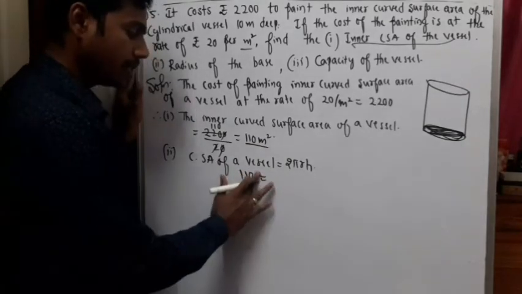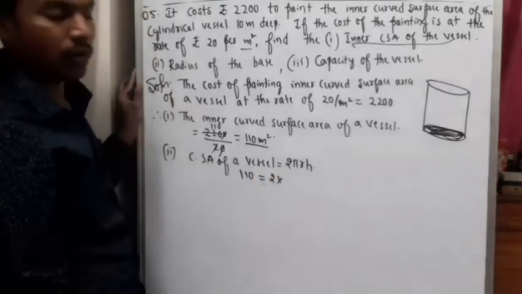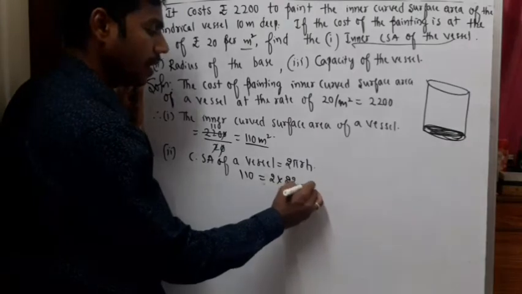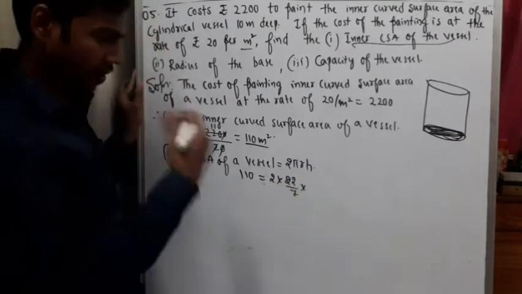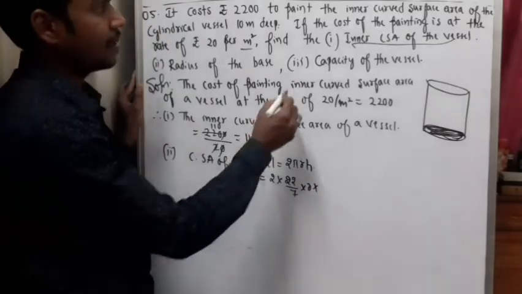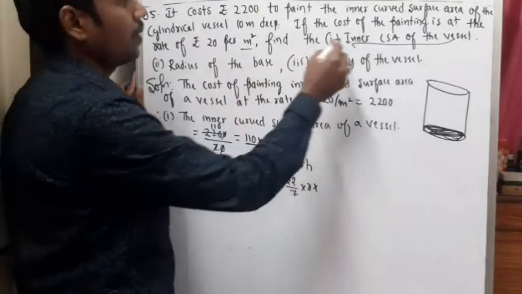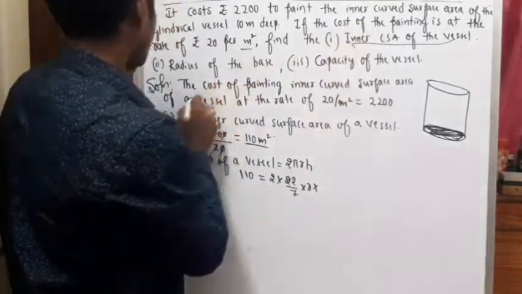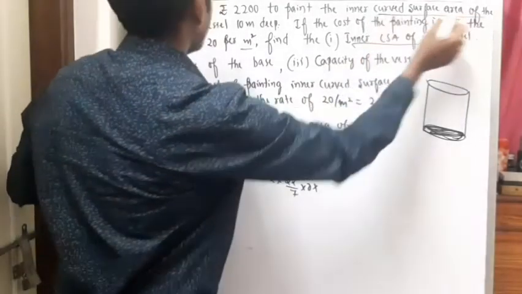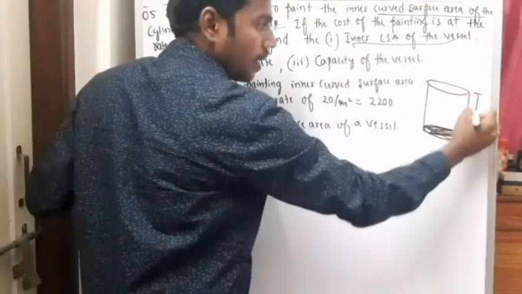Okay. 110 is equal to 2 into pi, pi is not given, we need to write it as 22 by 7 into r. R we need to calculate. What is h? What is height? Inner curved surface area of the cylindrical vessel, 10 meter deep.